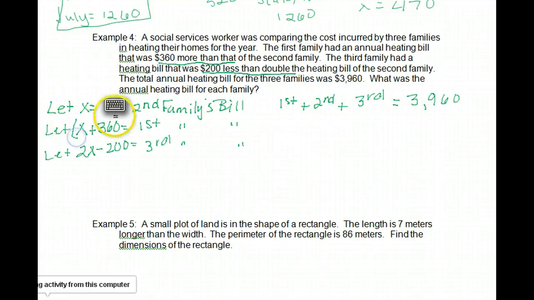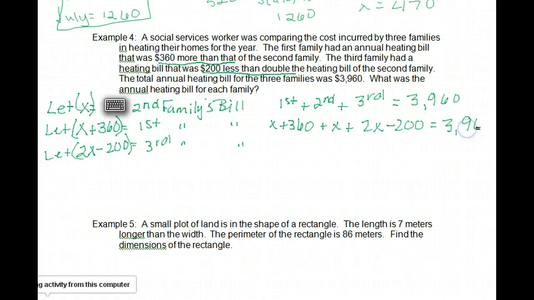The first family's expression was X plus 360. The second family's expression was X, and the third family's expression was 2X minus 200. And the total is still 3,960. We will combine like terms.